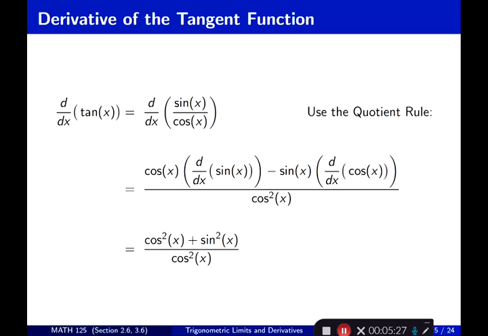Now, the derivative of sine of x is cosine of x, so the first term is going to be cosine squared x. The derivative of cosine of x is negative sine of x.